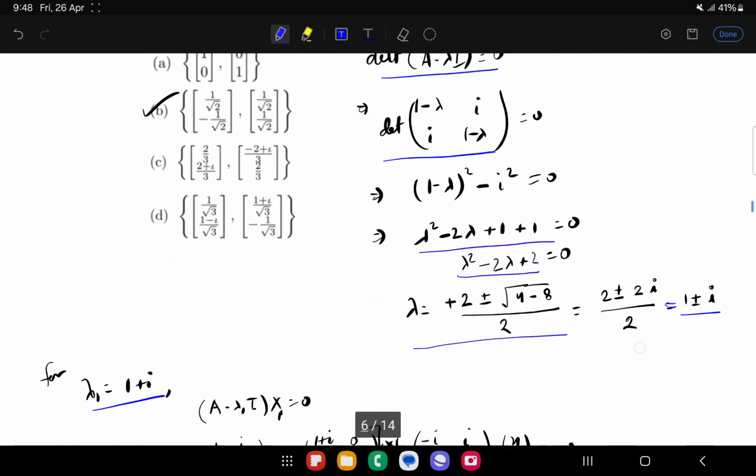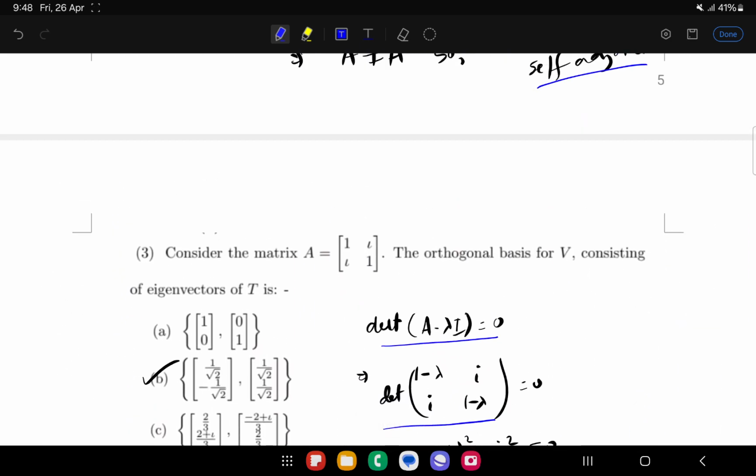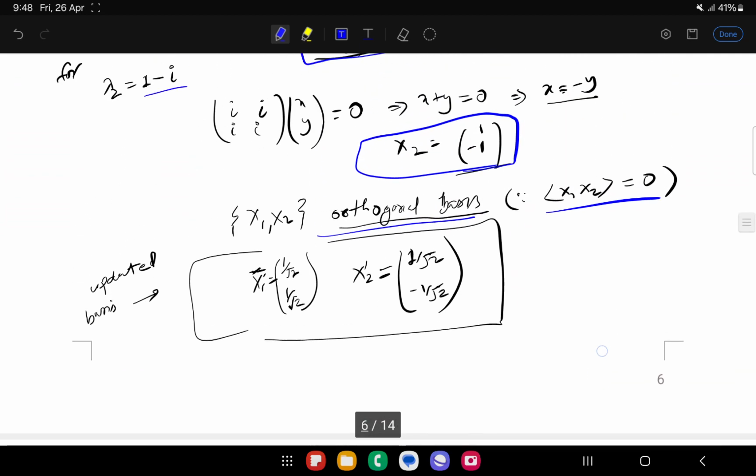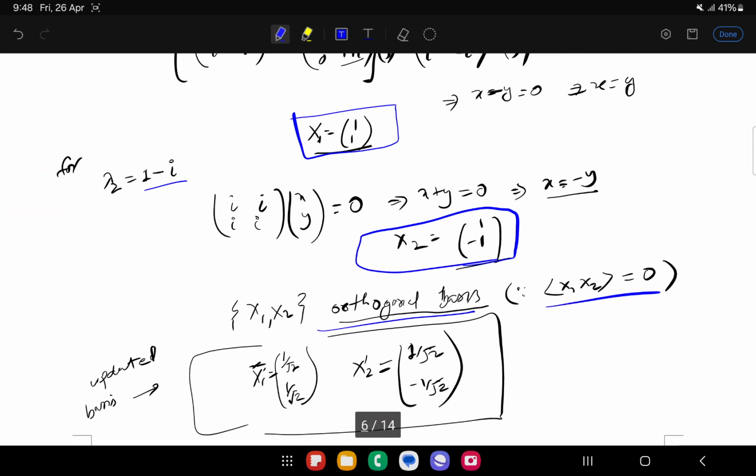So we got an orthogonal basis consisting of x1 and x2.